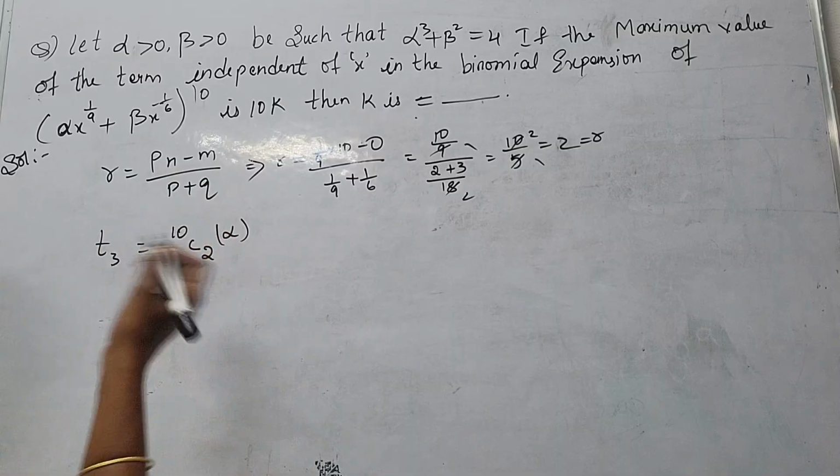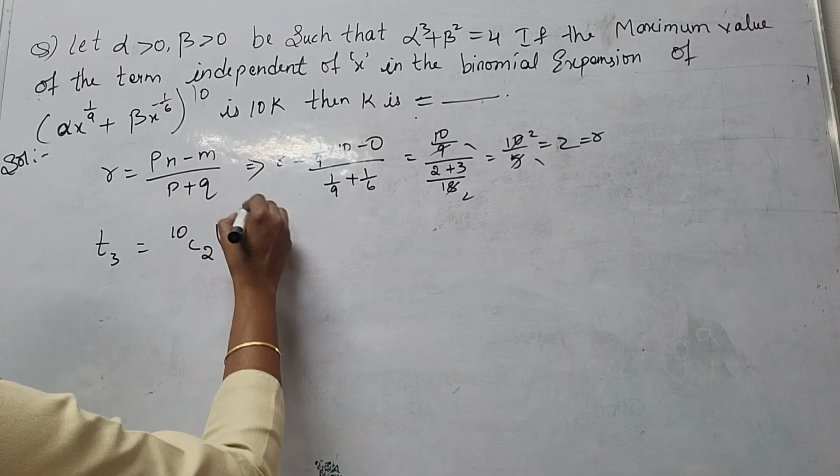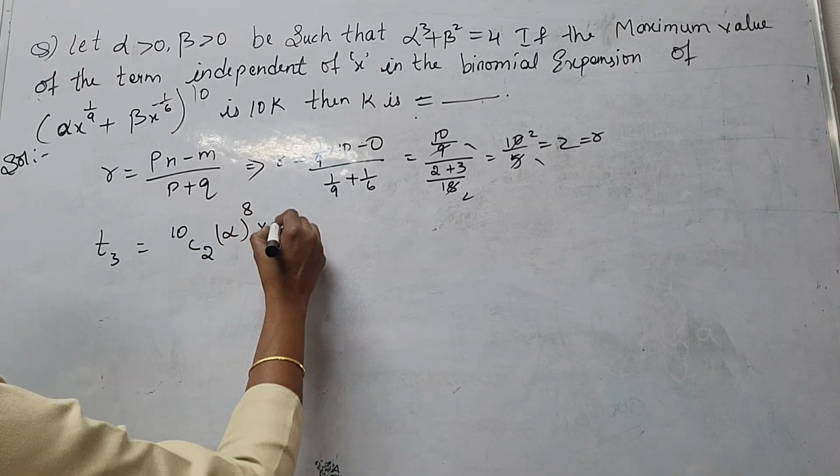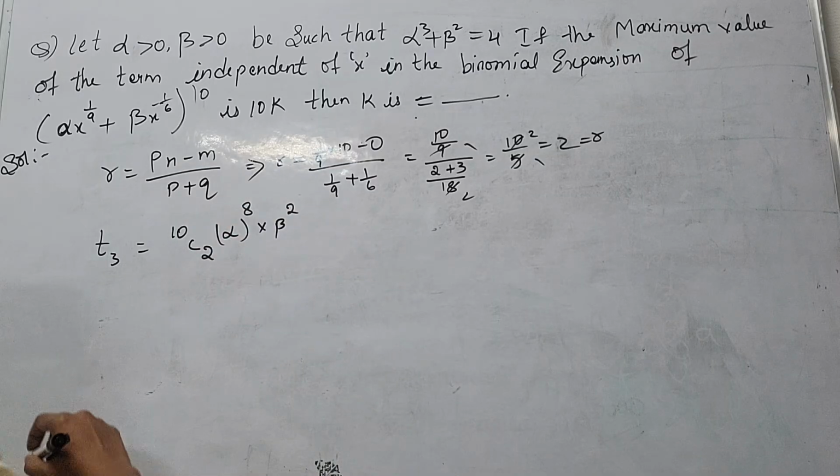I'll not take the x, however it's going to be cancelled because it's independent of x. Then alpha power of 10 minus 2 is 8, into beta power of 2, right? Now 10 minus 2 is 8.